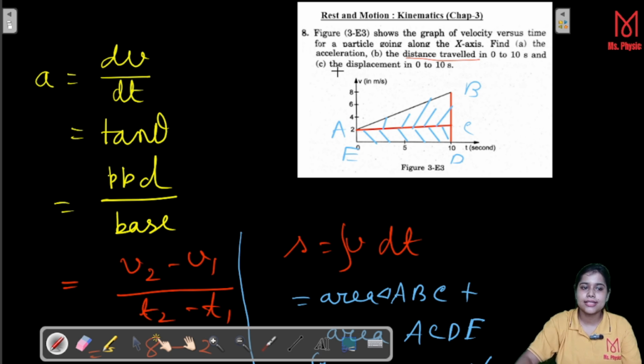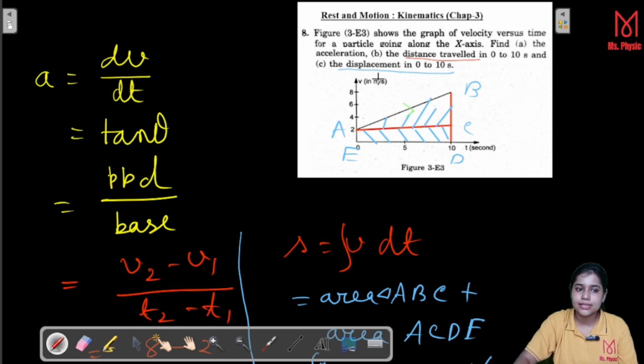Next question is the displacement from 0 to 10 seconds. Now here you have to understand. You see that the particle is going from A to B in this direction without changing direction. From A to B it is following the same direction. Whenever distance and displacement have the same direction, then their values are also the same.